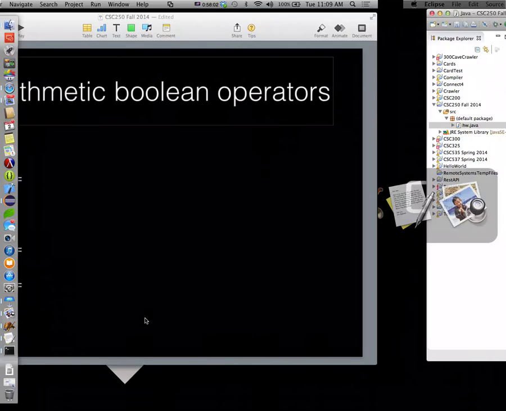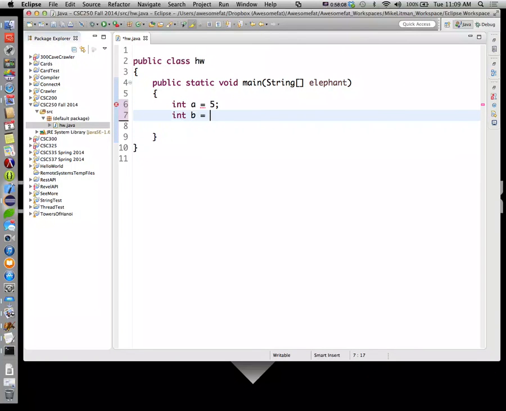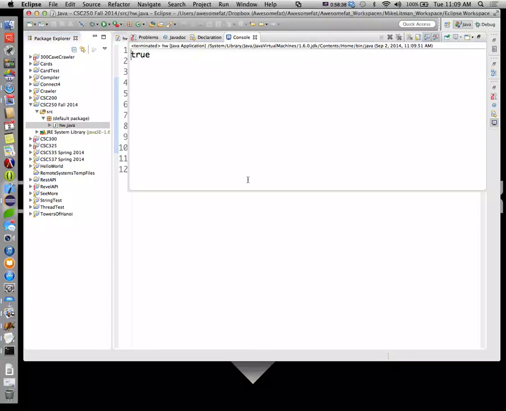For example, let me give myself a couple of variables again. int A is equal to 5, int B is equal to 7, and we're going to do a System.out.println of A is less than B. What should that be? 5 less than 7. True. So that is a Boolean expression: any expression that boils down to a single value of true or false.